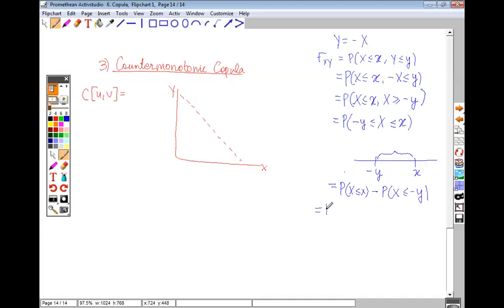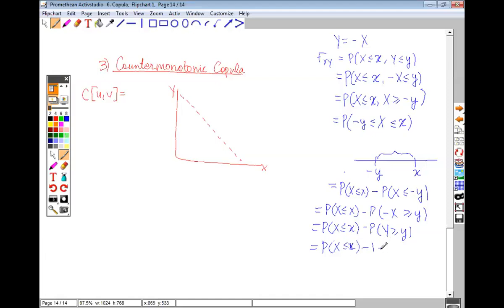And again, once I have done this, I will replace this x with minus x, which takes a value greater than y. And again, I will just replace minus x with a y. So I have that my y takes a value greater than or equal to y. But again, I want something in terms of Fy.